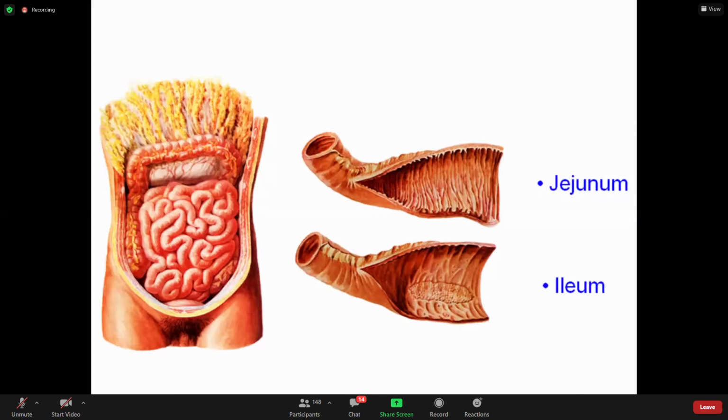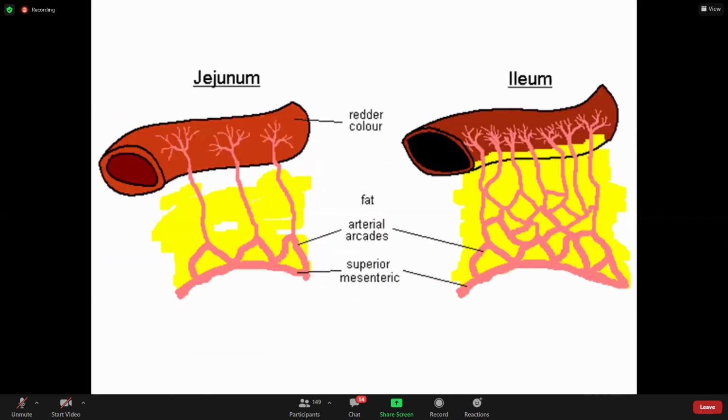Microscopically, you can give the presence or absence of Peyer's patches. Then, of course, the pattern and the shape of the villi, which differ between the duodenum and ileum.